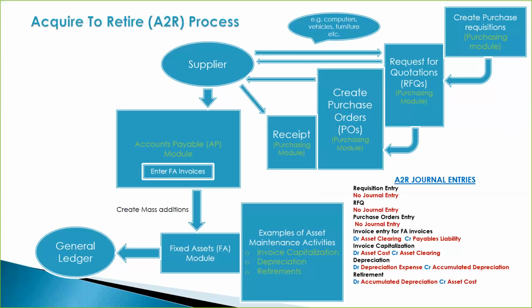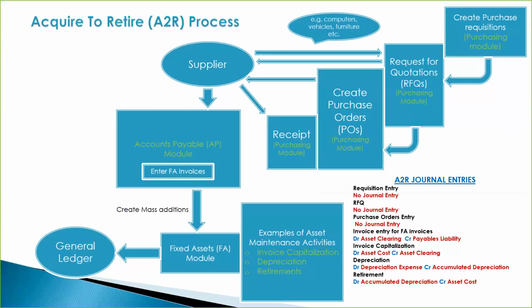Once you've decided which quote you're going to go ahead with, the next thing is to create a purchase order. A purchase order is basically a legal document that specifies what item you are procuring from your supplier, how much it costs, and how many you are trying to procure.